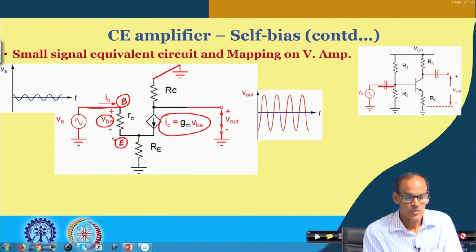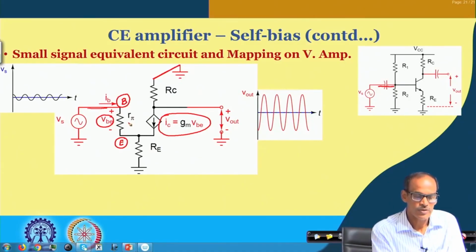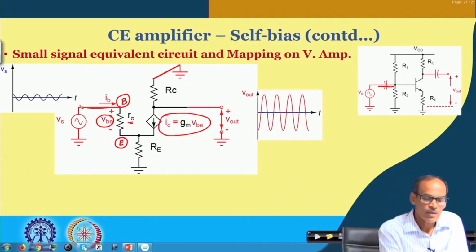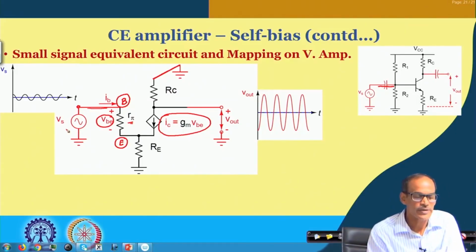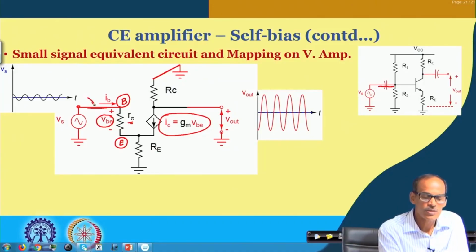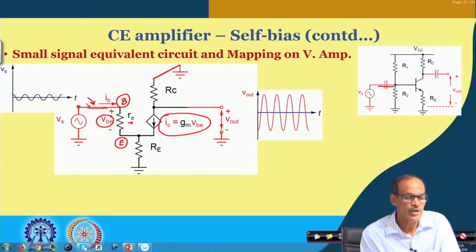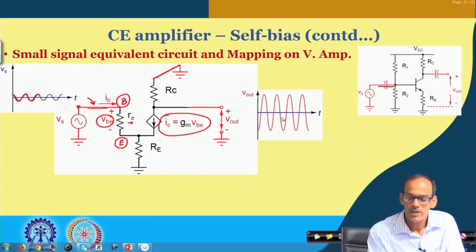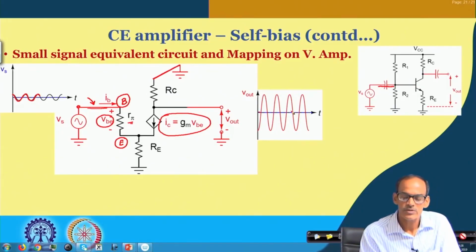So, this is the drop across r pi. Of course, we are giving the signal here. The voltage coming at this point in this circuit, since we are eliminating the DC, is a plus and minus kind of signal, and at the output here we are removing the DC. So, we are getting only the signal part.